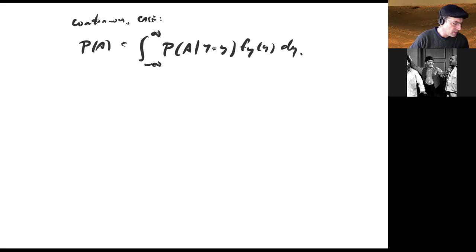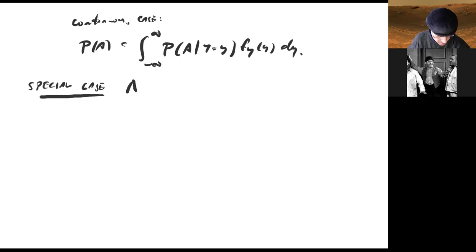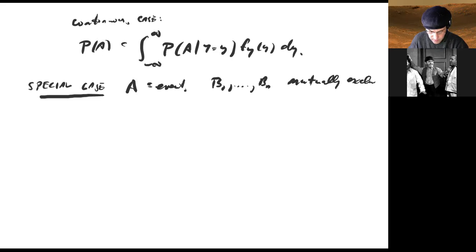Okay, so now actually there's a very special case of this. Let's consider the following special case of this decomposition. I want to suppose I've given A an event as before, and then we're given B1 through Bn mutually exclusive, whose union B1 union B2 ... union Bn is the entire sample space.